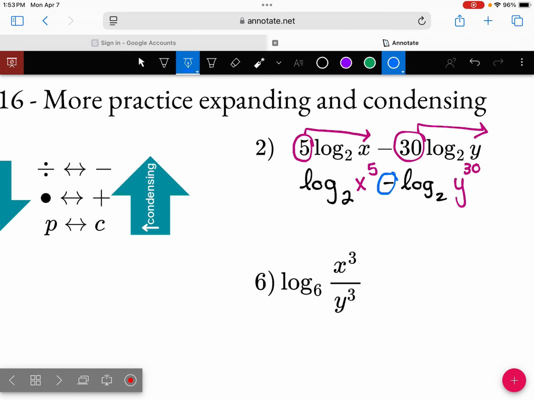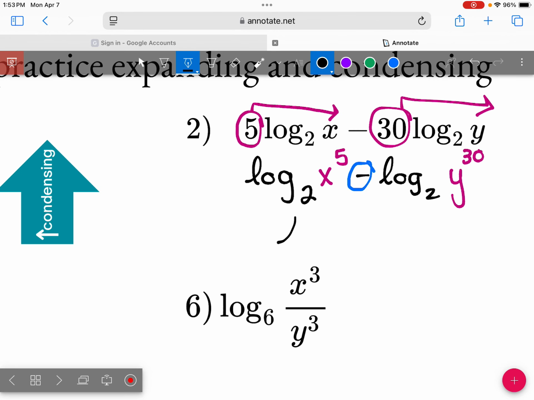Whenever we switch addition to multiplication or subtraction to division, that's when we start losing logs. The whole point of condensing is to get it down to one single log. So we write this as log base 2, and we divide x to the 5th by y to the 30th. Those two pieces go together like that, and this is our answer. We know we're done when I have just one log and everything is after it.